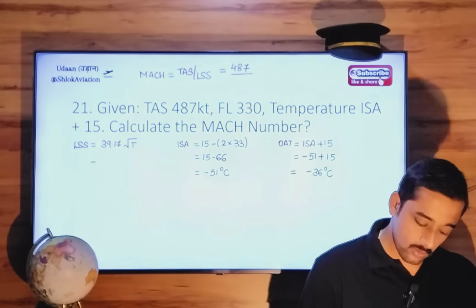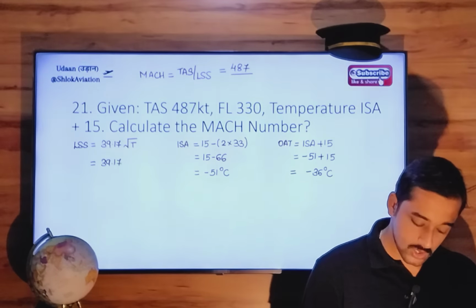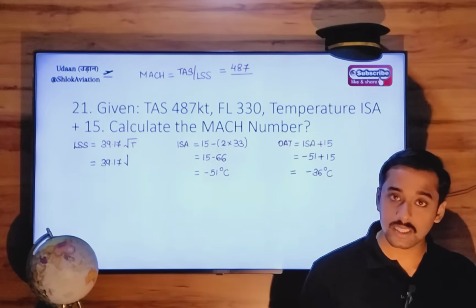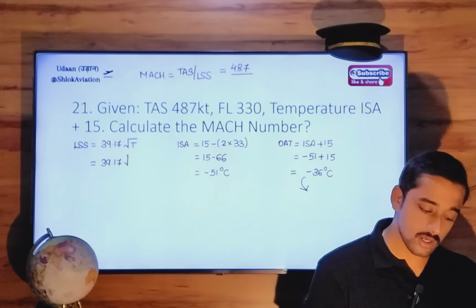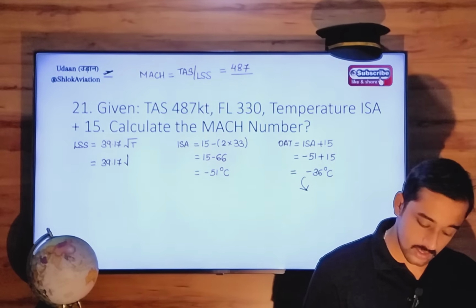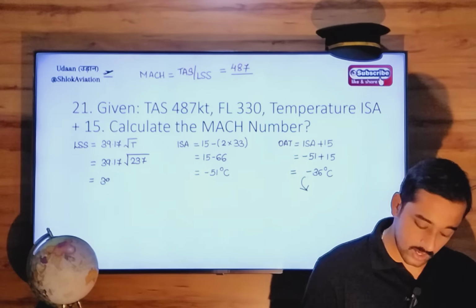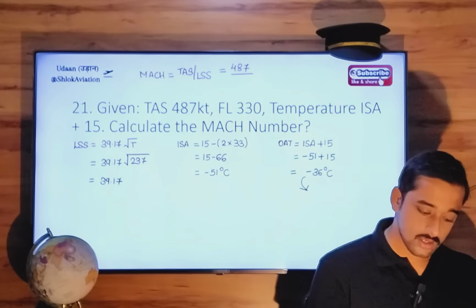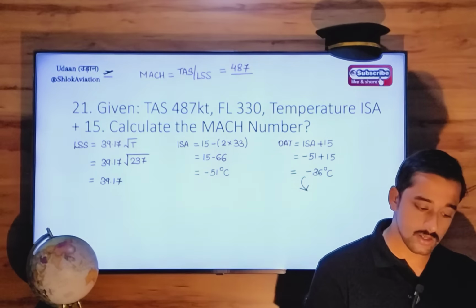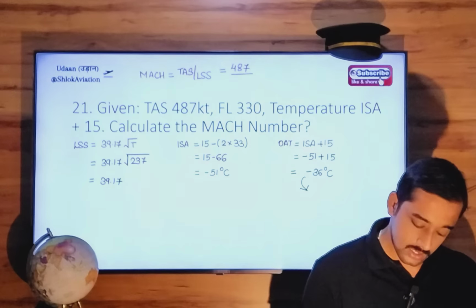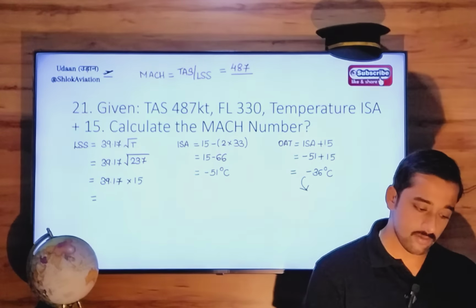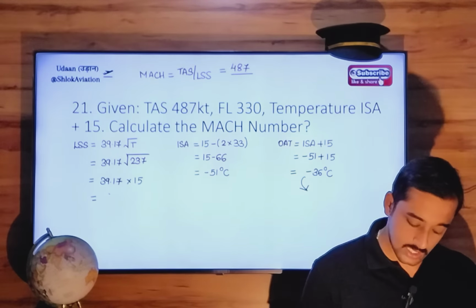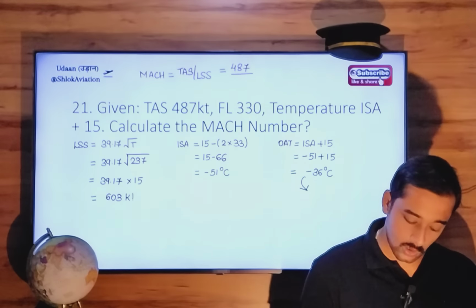So 39.17 square root of minus 36 degrees Celsius, convert this into Kelvin, minus 36 plus 273, 237. So 237 Kelvin. So 39.17 root of 237 is 15.39. Consider 15. So 39.17 into that is 603 knots.